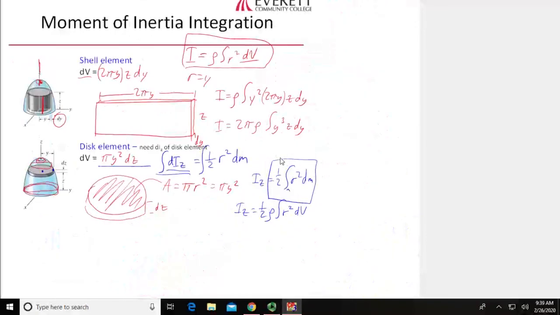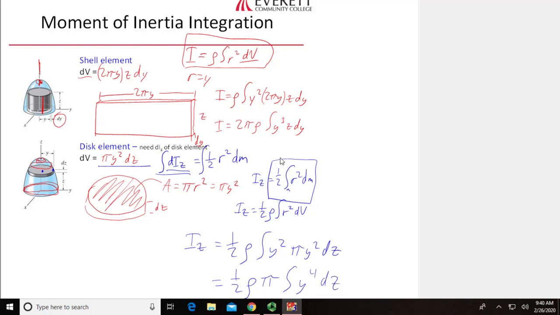That's equal to 1/2 rho, the integral. R in this case is y again, so we'd say y squared, and dv would be pi y squared dz. And we get 1/2 rho pi integral y to the 4th dz. Now we would have to substitute in an equation for y that has a z in it so that we can take the integration.